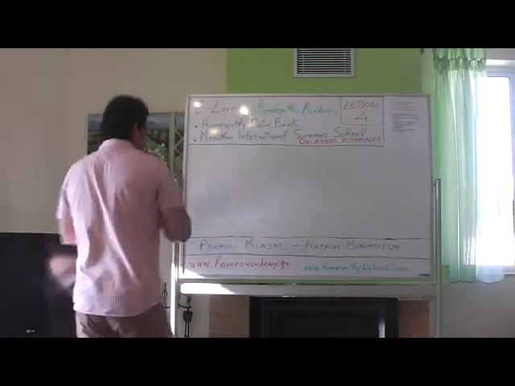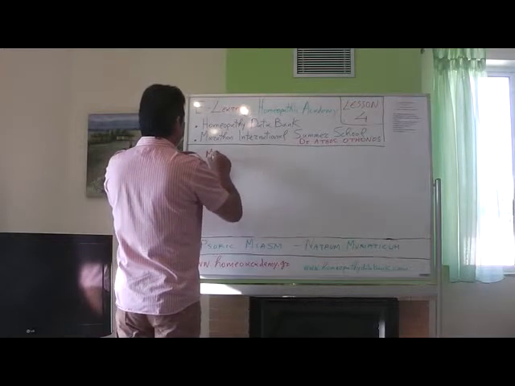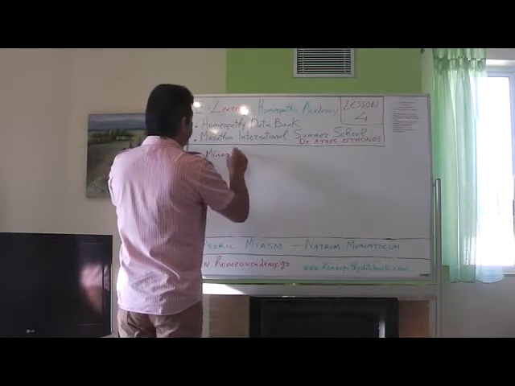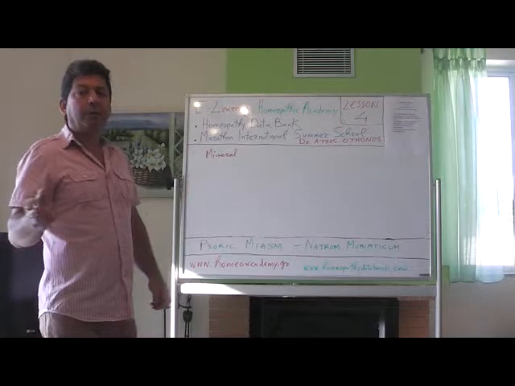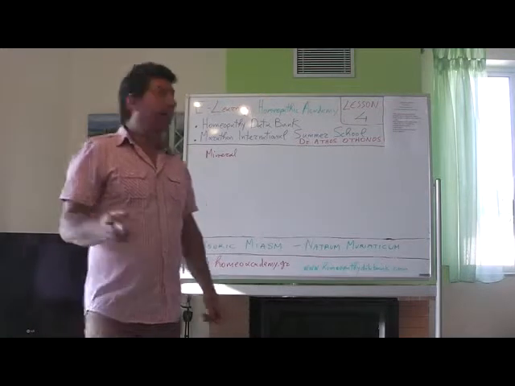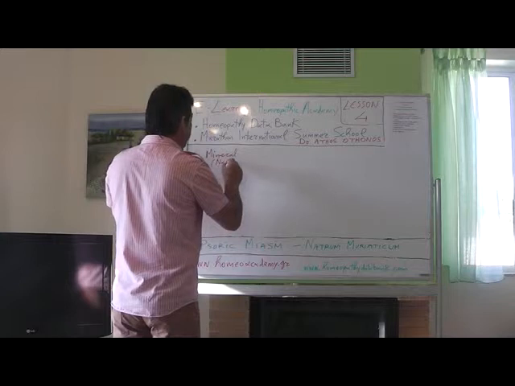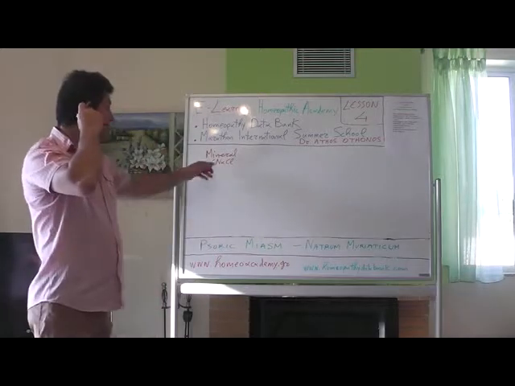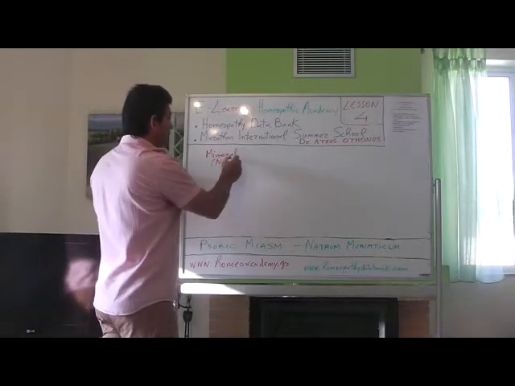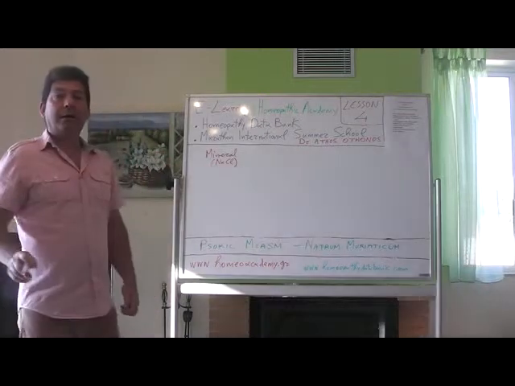We have the mineral Natrum Muriaticum, which is the common cooking salt. That is, the chemical type is Natrum Muriaticum.